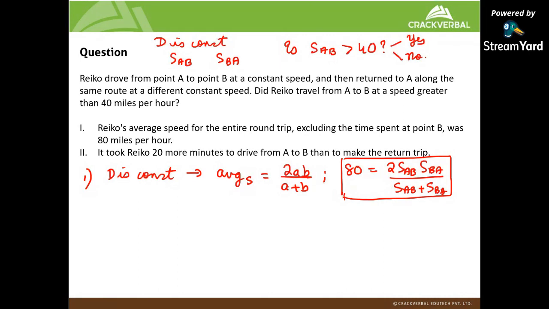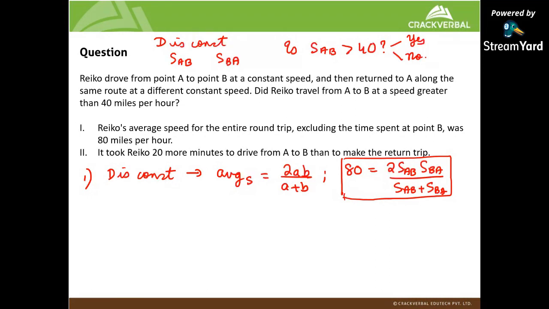Now, what most of y'all who answered E, C and any answer other than A did is go with gut feel. Y'all said that looking at this statement, I have one equation with two variables, I'm not going to be able to solve it, I'll get multiple possibilities: SAB can be greater than 40, SAB can be less than 40, insufficient.